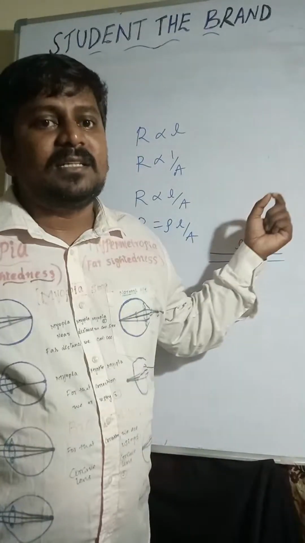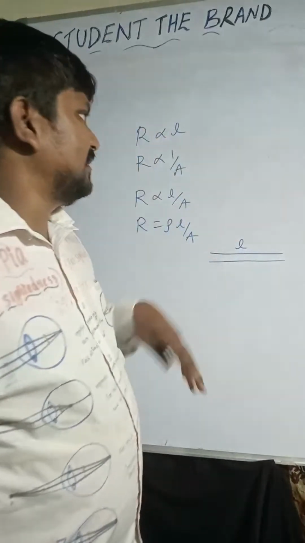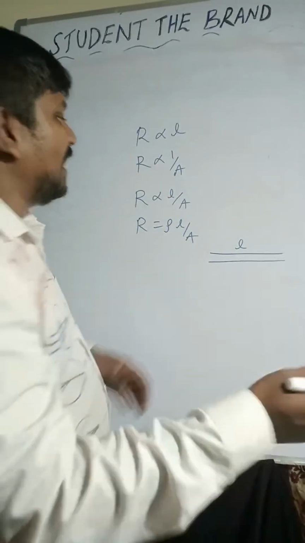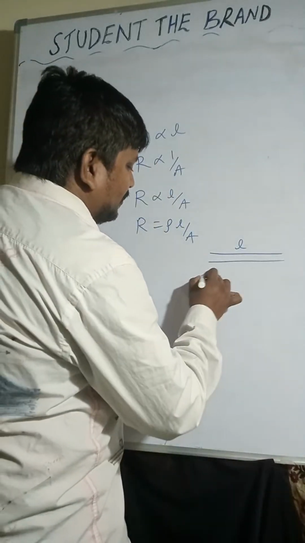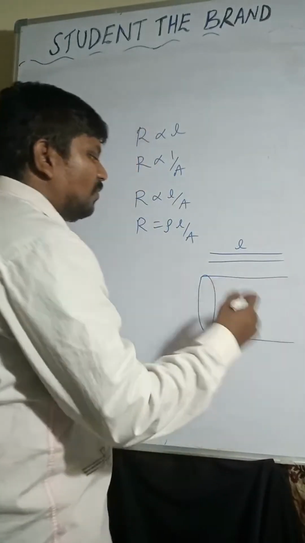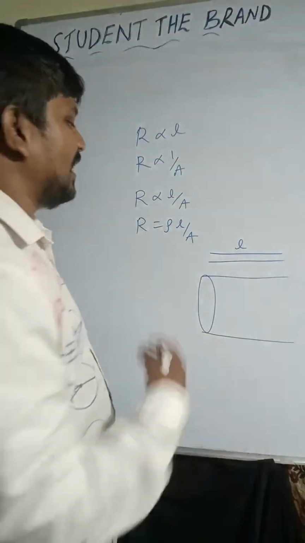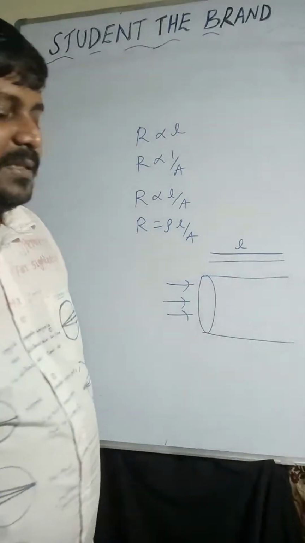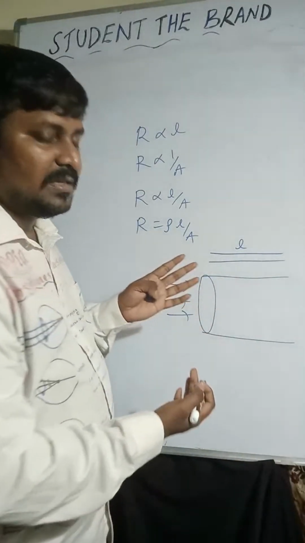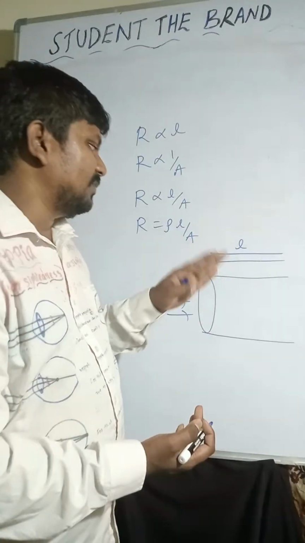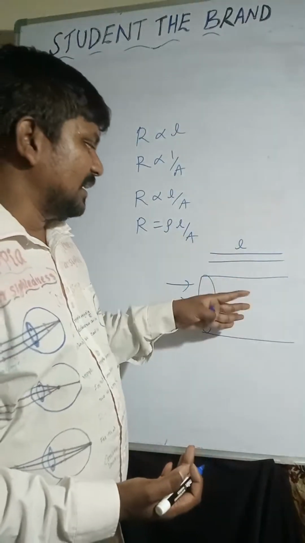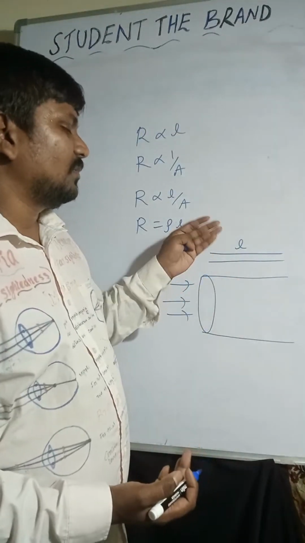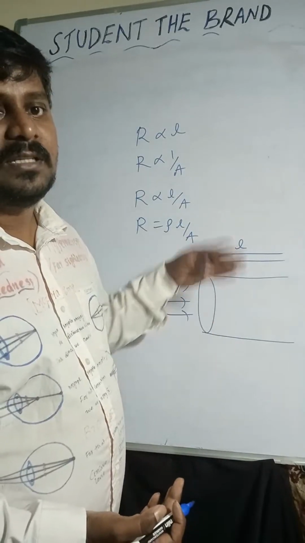If length increases, automatically resistance also increases. Coming to the area of cross section, with more area there is a chance for more electrons to enter. More charges will pass, then there is less resistance compared to the first one. So resistance is less here and more there. Yes or no? There is a standard comparison.